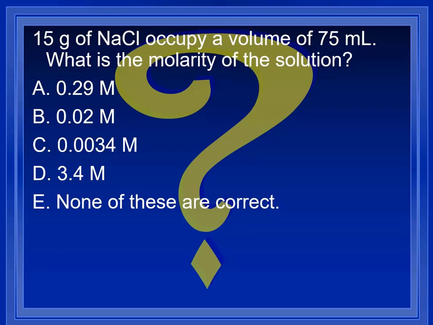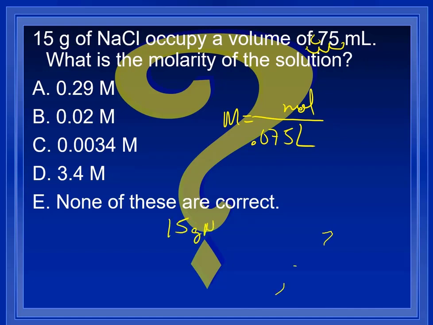Molarity is moles over liters. The 75, I can move it over 3 times and get 0.075. I don't have moles, though. I have grams. Hey, can we turn grams into moles? Yes, we can. We've done it once or twice this year.